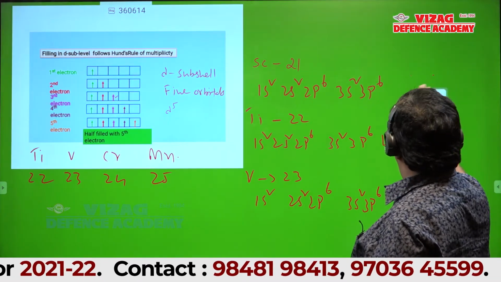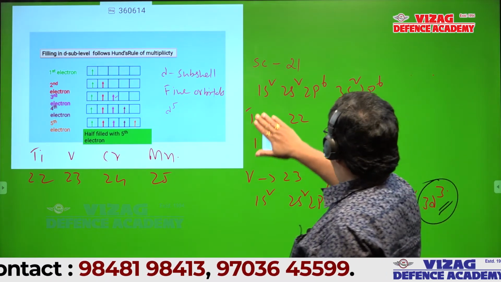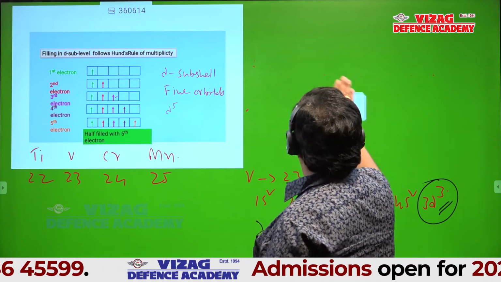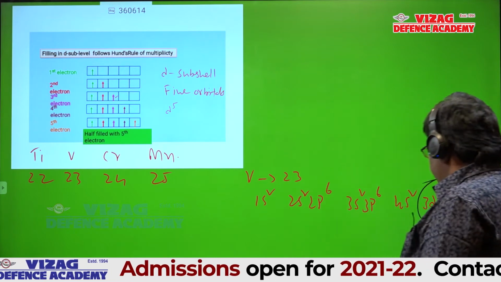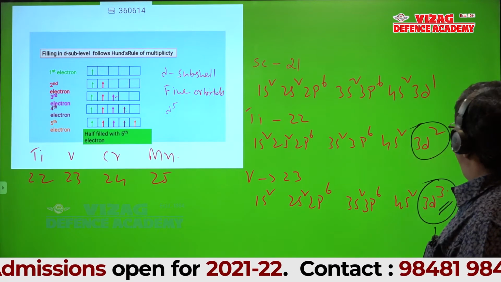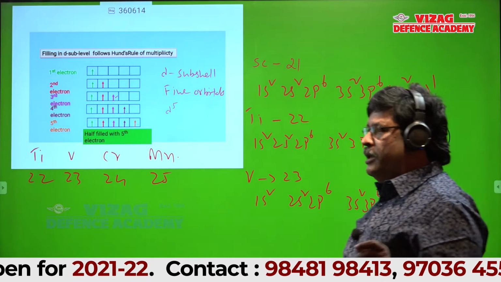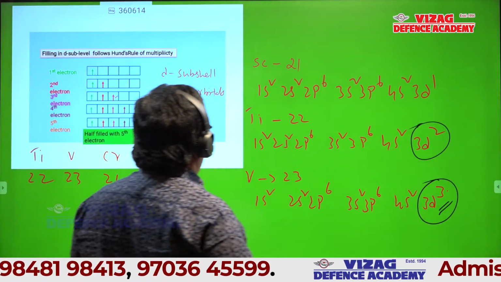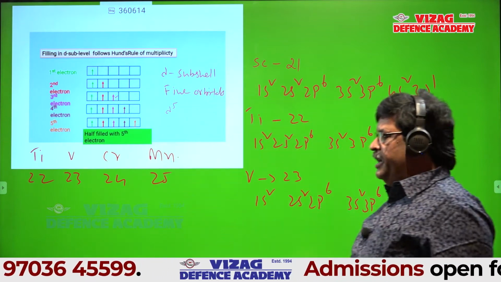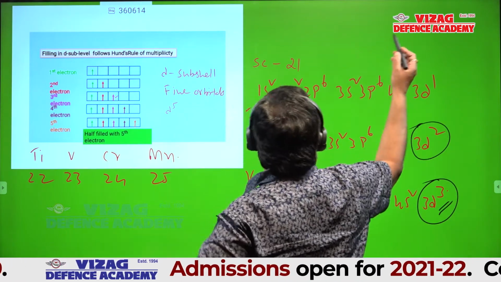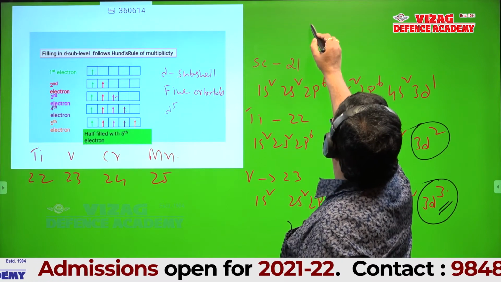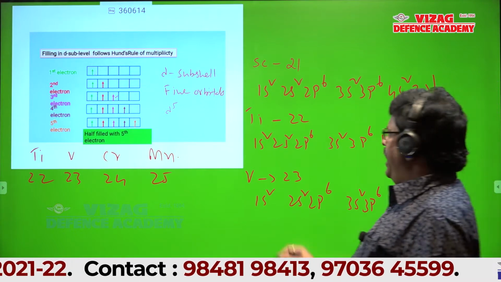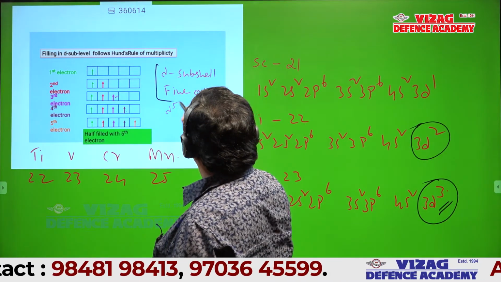Sir, degenerate means orbitals having the same energy? Right. How many orbitals can be accommodated in a d subshell, or p subshell, whatever it may be? I have written here already: in the d subshell, 5.